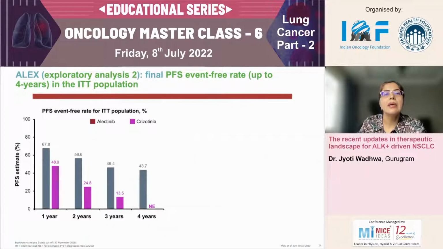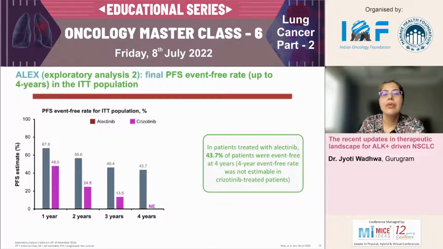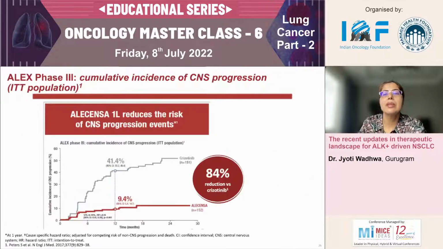Now, in the intention-to-treat analysis, if you notice here, at the end of 4 years, 43.7% of the patients were alive, event-free, when they were treated with alectinib, compared to almost none when they received crizotinib. So quite impressive results there in terms of progression-free survival.